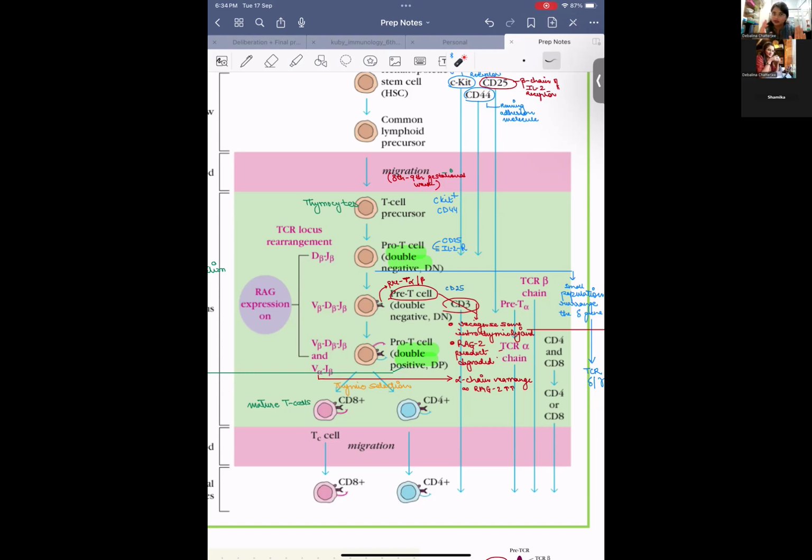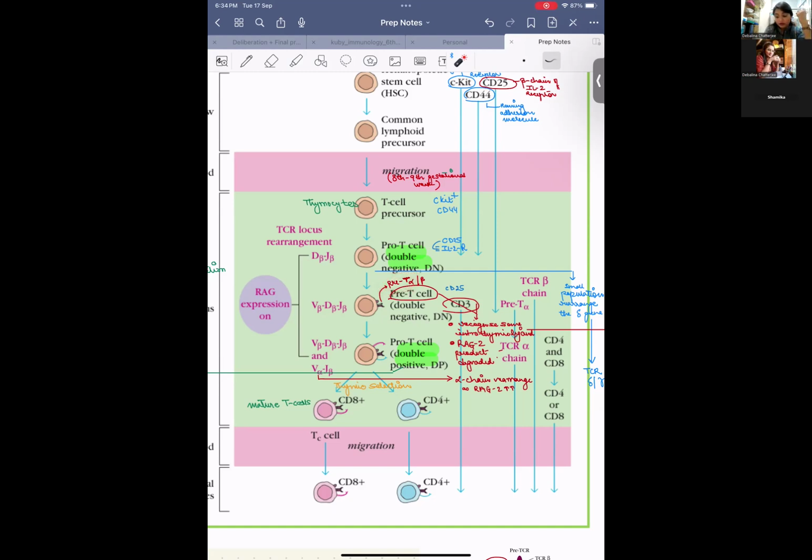It's the alpha and the beta chain that together forms the TCR. But till the time we do not have the alpha chain in proper recombination in place, what joins with this fully recombined beta chain is a temporary alpha chain which is called the pre-T alpha.